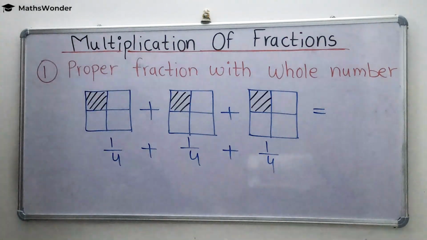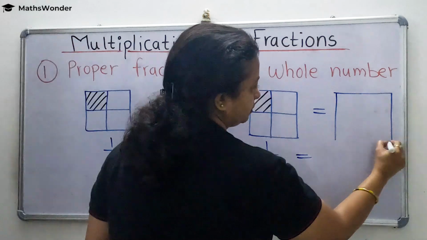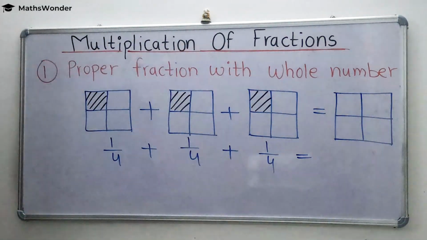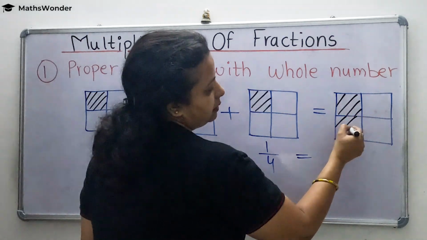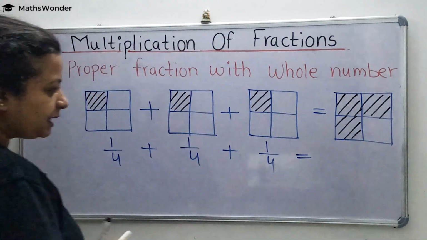How will you represent it with a picture? 1/4 plus 1/4 plus 1/4. So how many boxes will you shade? 3, right?